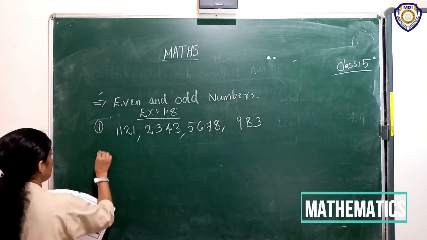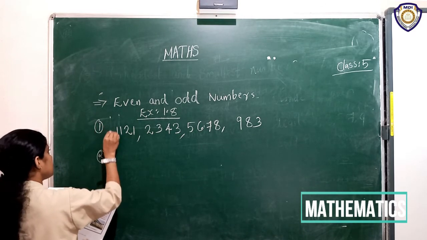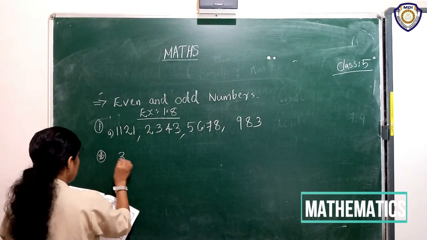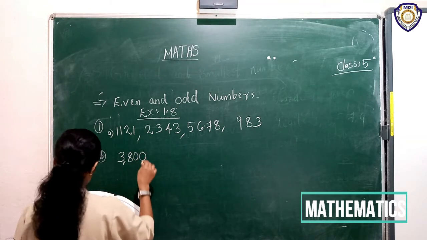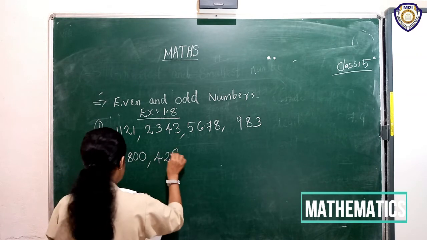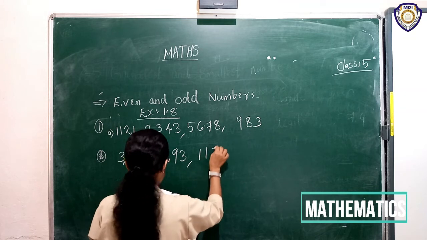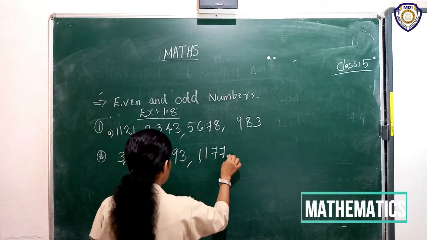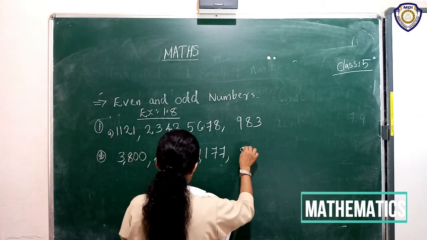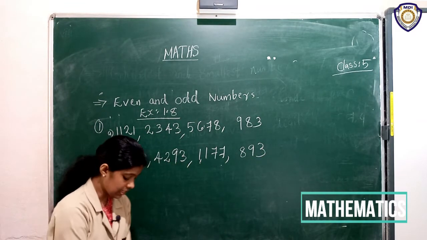Next one, B: 3800, 4293, 1177. Next number, 893. Okay, listen here.